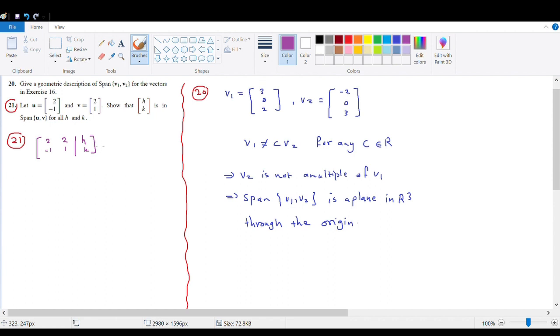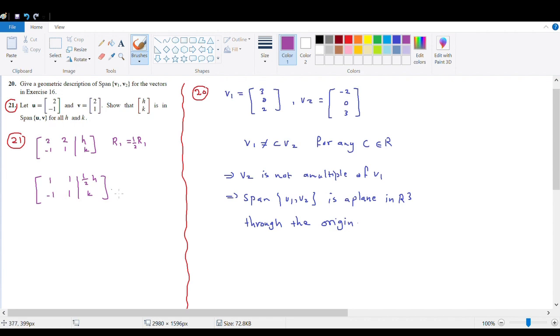We need to do row operations for this matrix to rewrite it in echelon form or reduced echelon form. For example, if we replace row 1 by half row 1, this will give us 1, 1, half h, and here we have minus 1, 1, k.